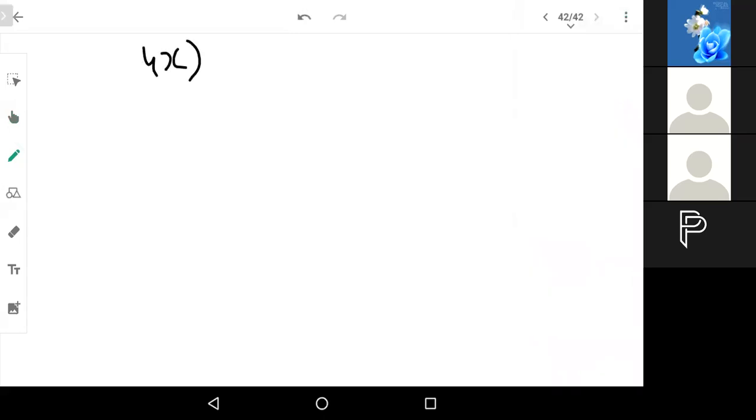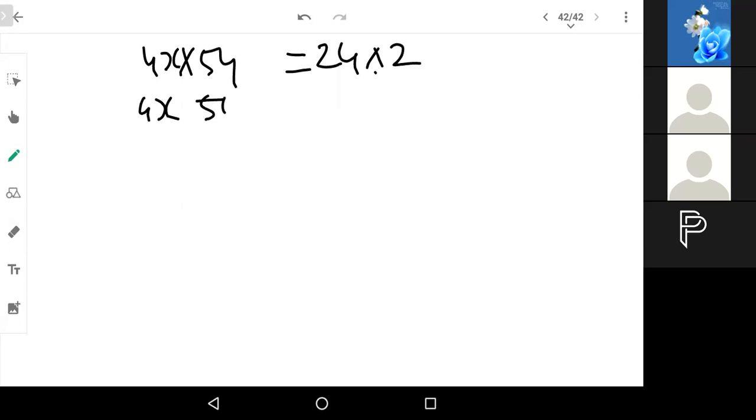4x into 54 is equal to, we'll write it as into only. So 4x into 54 is equal to 24 into 2. So 4x into 54 will give me how much? 54 into 4 is 216x is equal to 24 into 2 is 48.